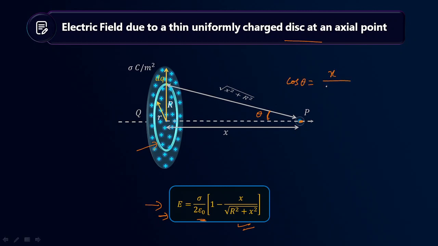X upon root under of r square plus x square, yes or no? So now we can write electric field equals sigma by 2 epsilon naught into 1 minus cos theta. And we just have to remember theta is the angle from this point, from this. Simple, easy.